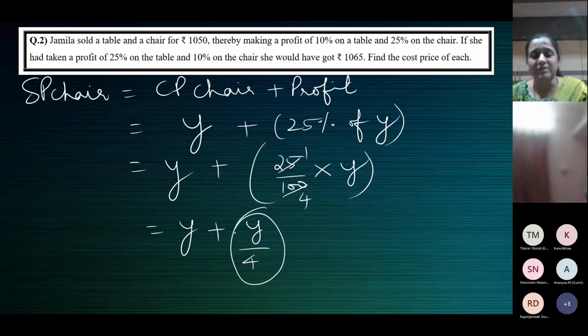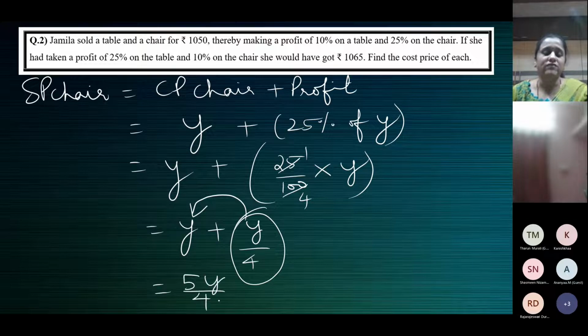Y by 4 is only the profit portion. When you add the profit to the cost price Y, on taking LCM, it's 5Y by 4. So this is the selling price.